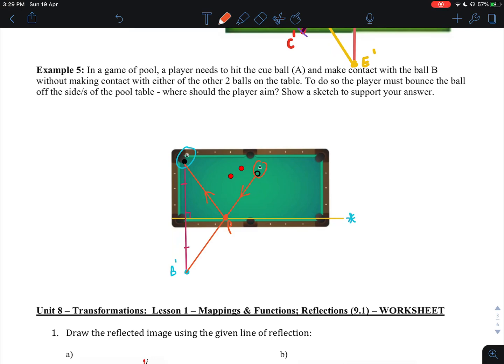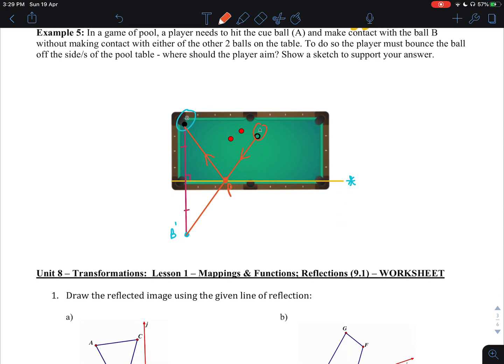The key here is to reflect your target, the thing you're trying to hit, over the line or the wall that you're planning to bounce the cue ball against. Okay, that should take care of that.